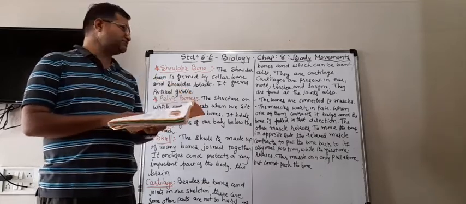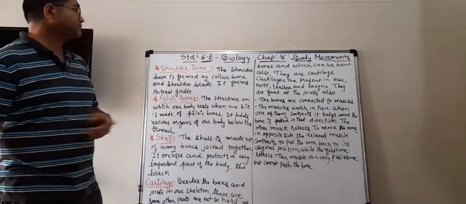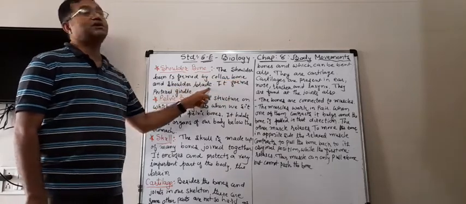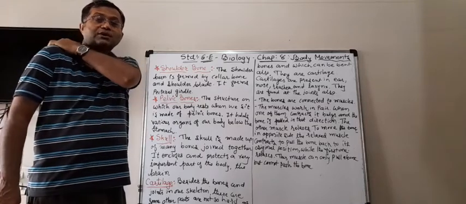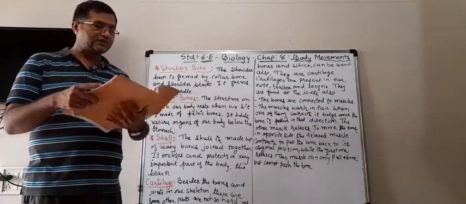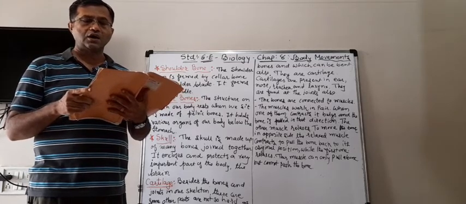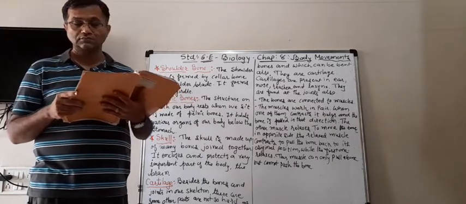Actually, the shoulder bones are made up of two bones. One is the collarbone and the other is the shoulder blade. When they are connected together, they make the shoulder bone.